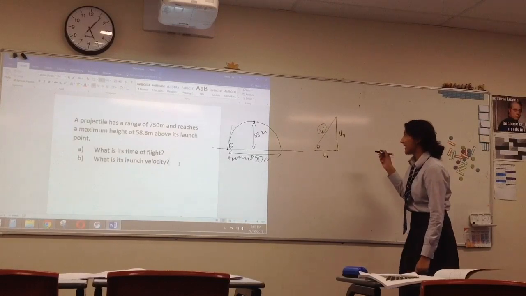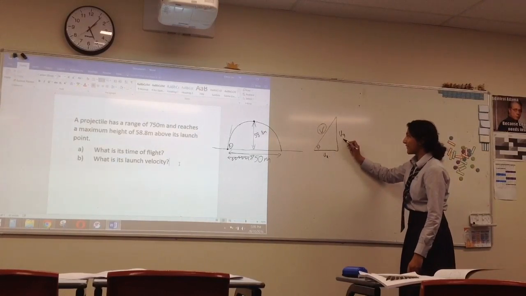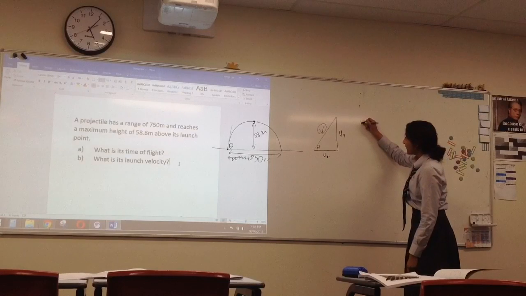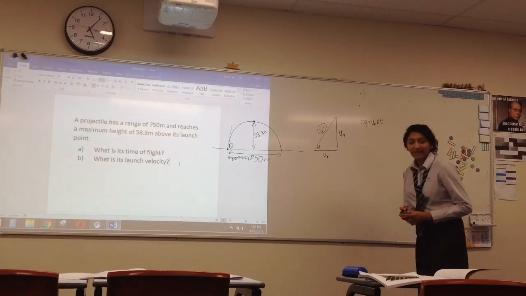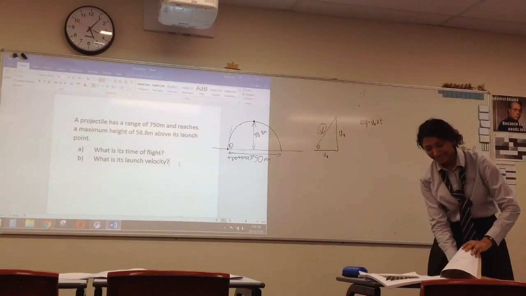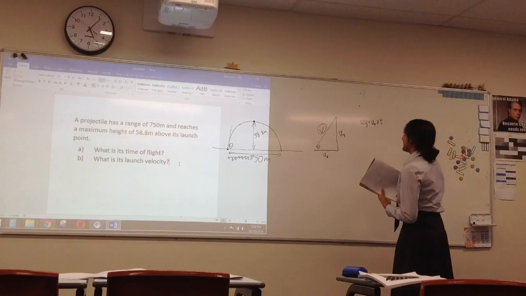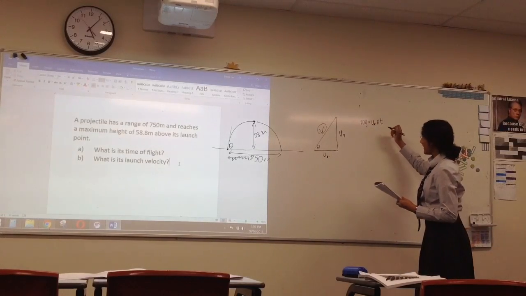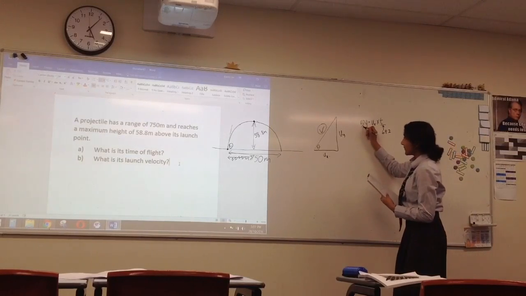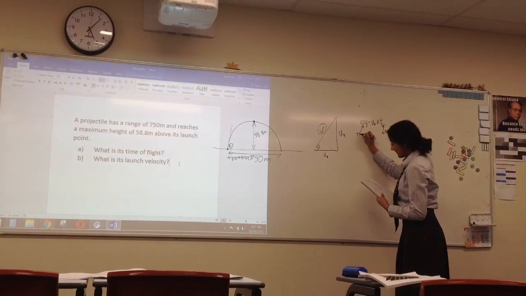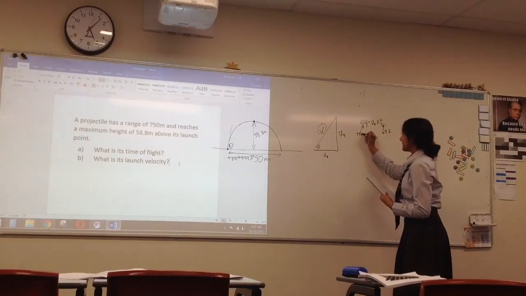To figure that out, we need to first know these components, because we know that range equals ux into t. We know that t from our previous question is 6.92, and we also know our range is 750.